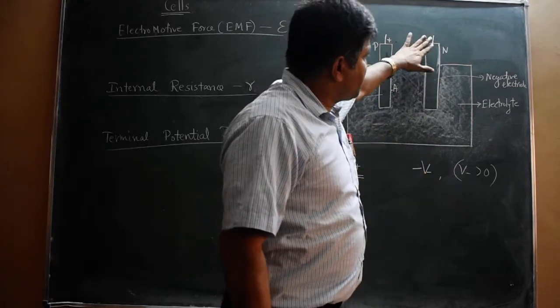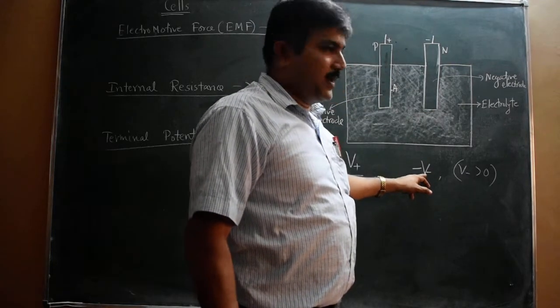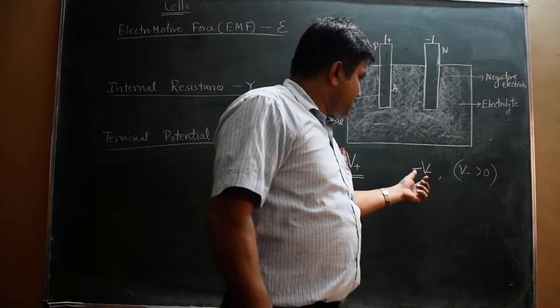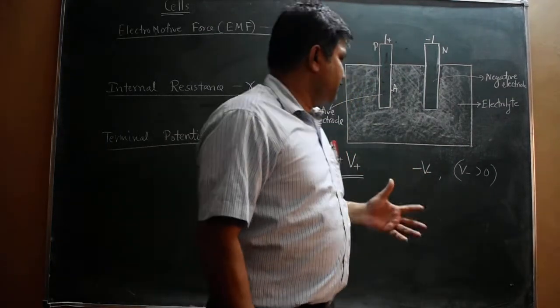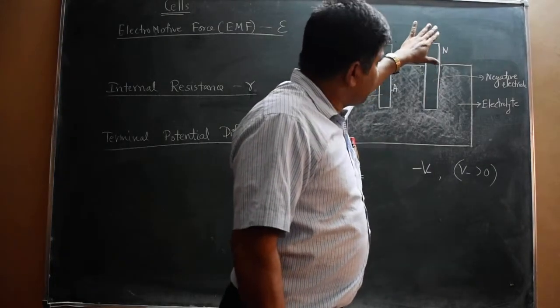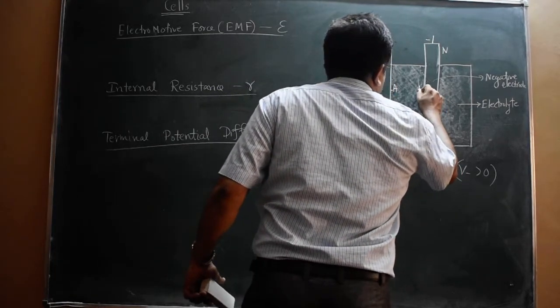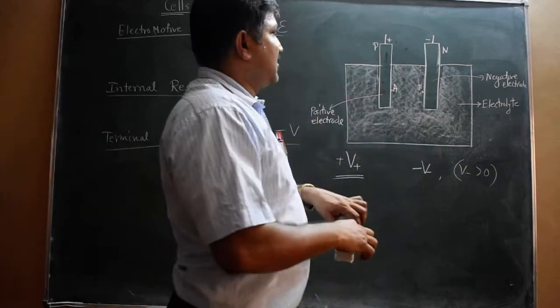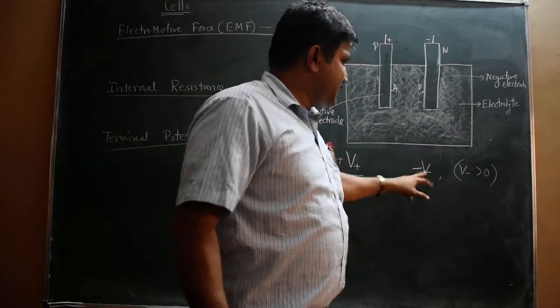So the electric potential on the negative electrode is minus V minus, like minus 3 where V minus is plus 3. So a negative potential is developed on the negative electrode with respect to the immediate surrounding of the negative electrode. So the potential difference is minus V minus.